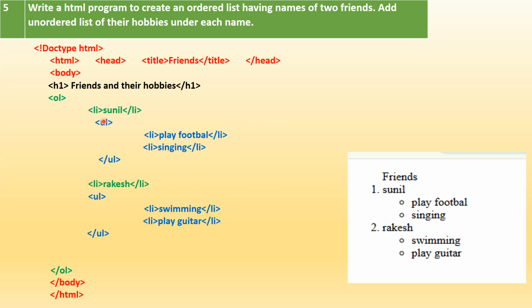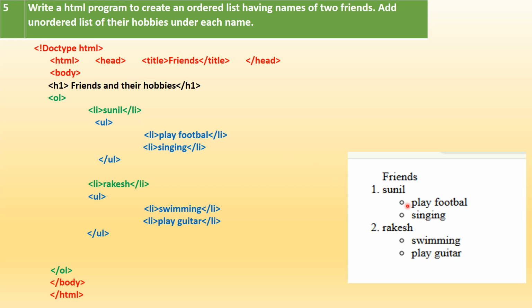Now here inside Sunil, you have to mention the hobbies of Sunil. So this will be a nested list. So UL, you will mention here UL and the two hobbies I've mentioned here. So you can see here, this is the parent and these are the children. So you cannot see disk here because this is inside a nested list. So if you're writing UL inside OL, the second preference will be mentioned, that is the marker will not be disk, it will be an open circle.